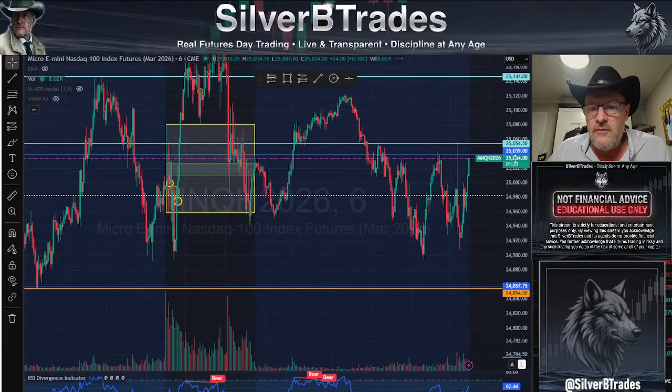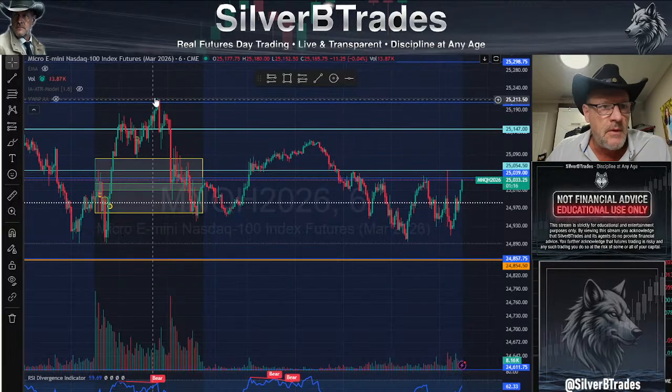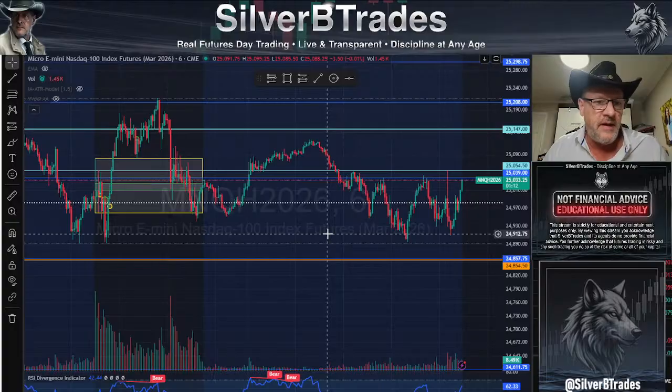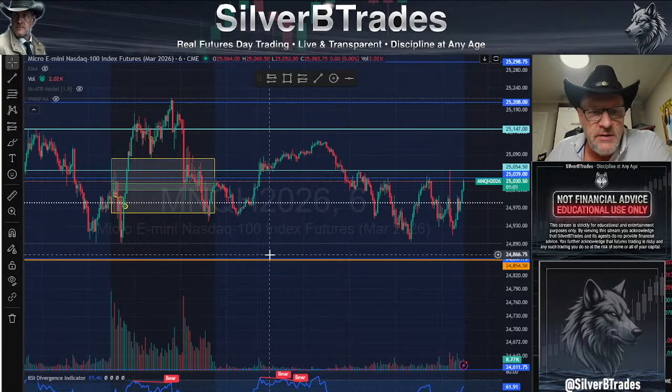So here is the MNQ chart, the one that I'm trading. I do trade micros pretty much exclusively, unless sometimes I do use minis when I'm trying to qualify an account, an evaluation account. But I want you to see these lines.